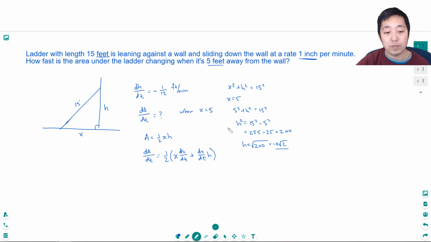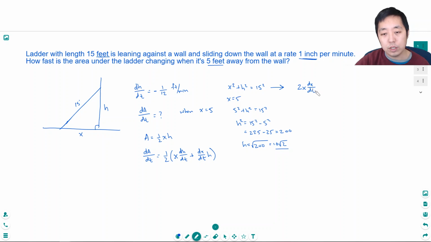Okay, so now I know h is 10 root 2, I know x is 5, and I know dh/dt is negative 1/12. To find dx/dt, I need another equation that has dx/dt, and one way I can do that is take the derivative of this equation. I would do 2x dx/dt.